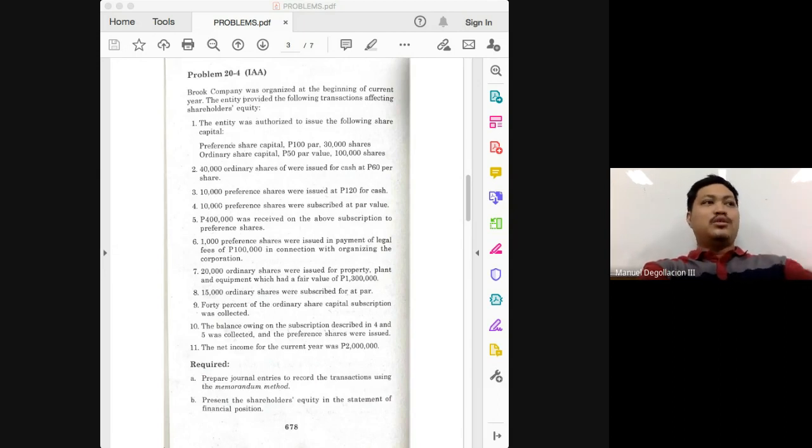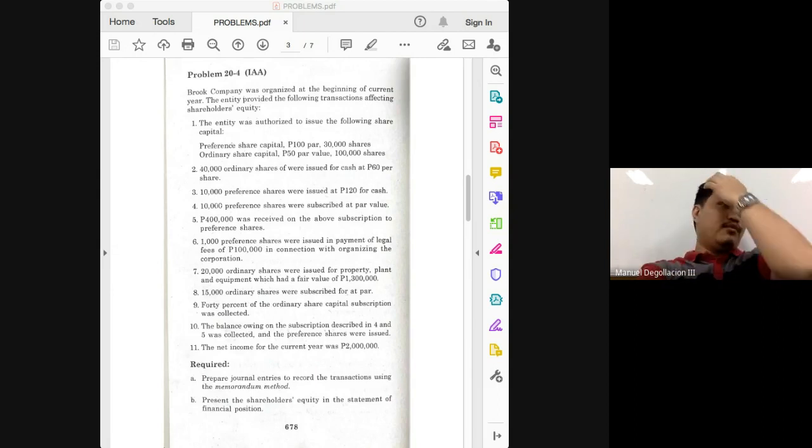For reissuance or for subsequent transfers, they may be resold or reissued at a price lesser than the par value. Okay. So for treasury shares, they may be reissued at a price lesser than the acquisition price, lesser than the par value. Okay. But our concern here is simply the entry.